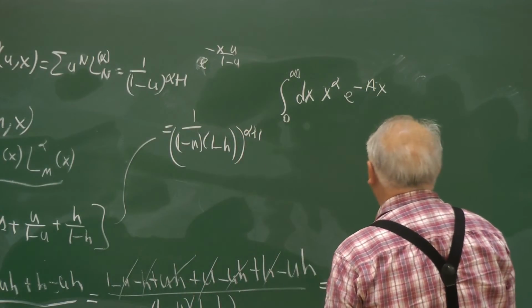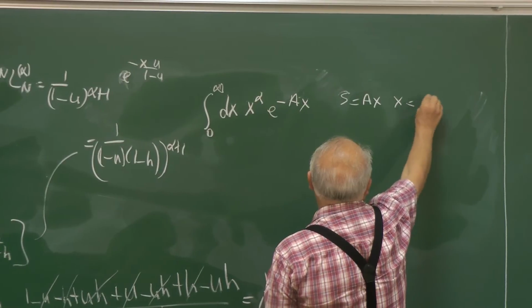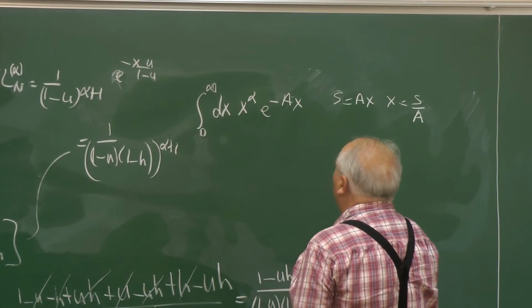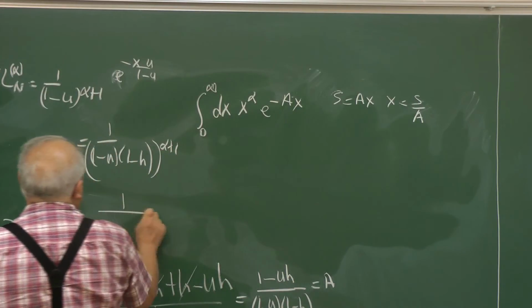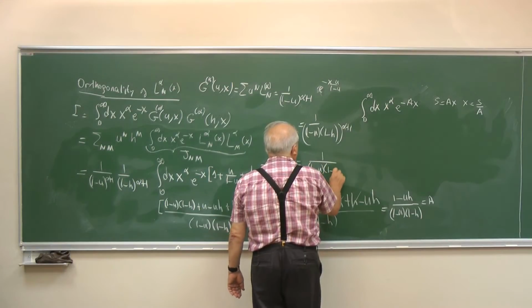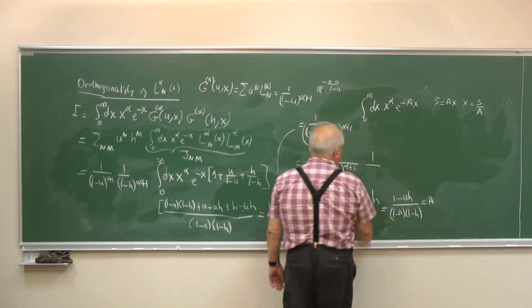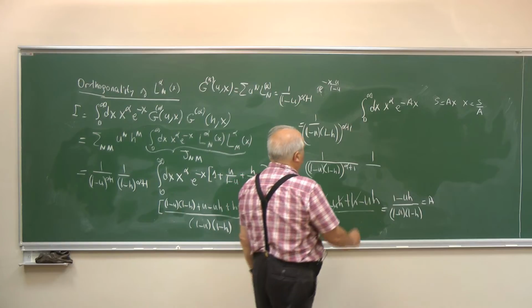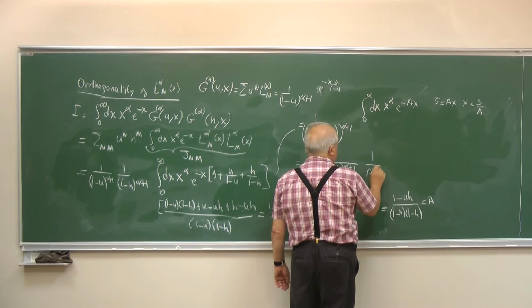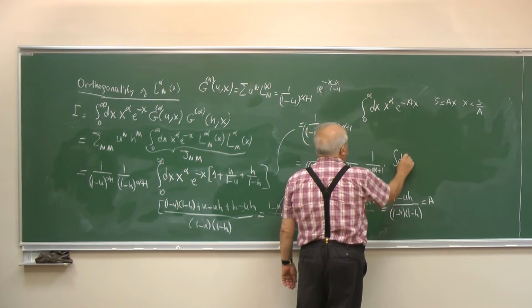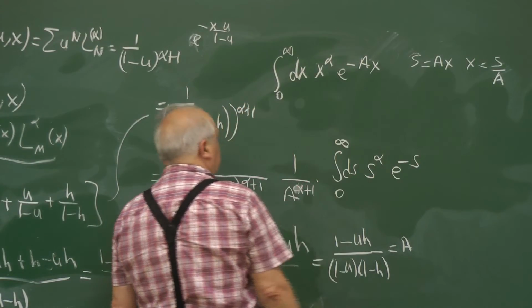The change of variable is obvious. s is equal to a x, x equals s over a, and so that's equal to 1 over ((1 minus u)(1 minus h)) to the alpha plus 1, times 1 over a to the alpha, another one from here, alpha plus 1, times the integral ds s to the alpha e to the minus s from 0 to infinity.